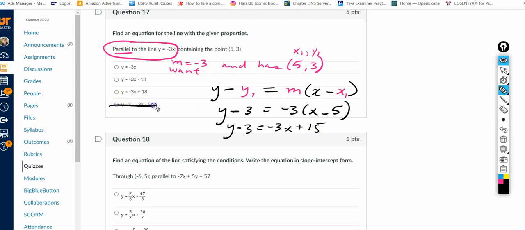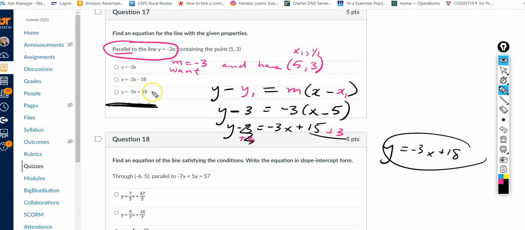Okay, so I can rule that one out. And to match up with the rest of these, I just need to get y by itself on the left-hand side, so add 3 to both sides. So those go away, and I'm going to have y is equal to negative 3x and then plus 18, which is going to match up with that one.